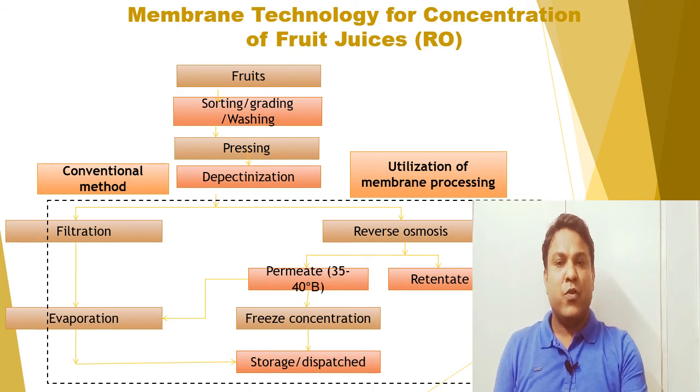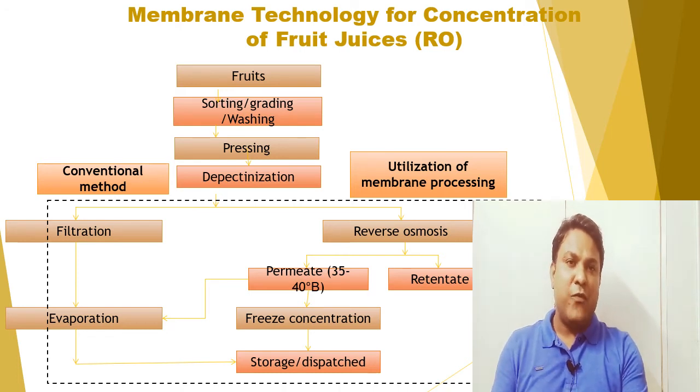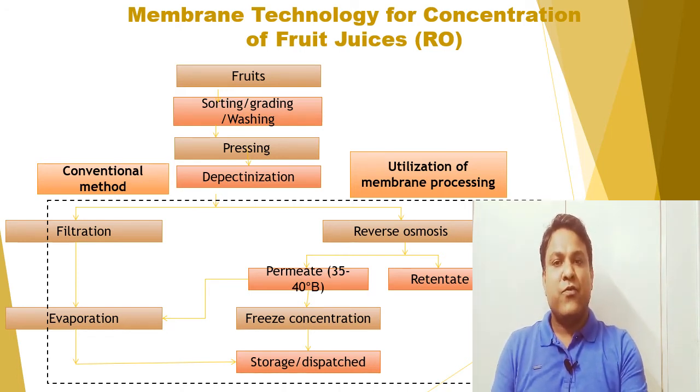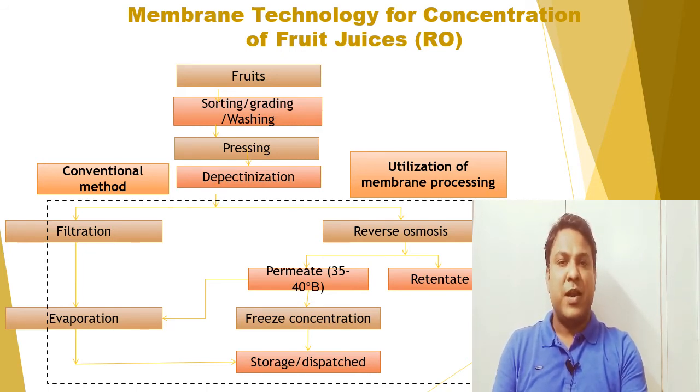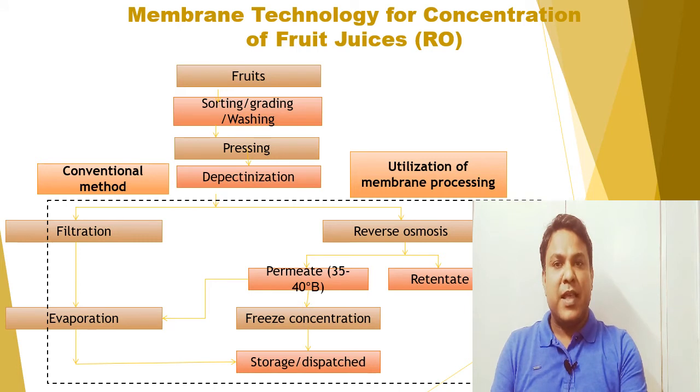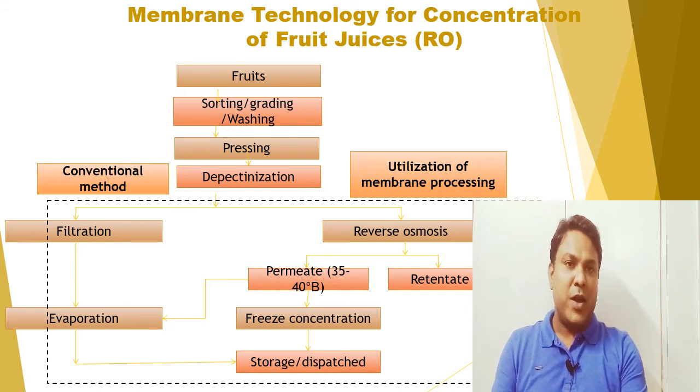This permeate goes for freeze concentration, and if we want to reduce the cost of operation, we go directly from the permeate to evaporation and then storage. But in order to retain the value of aroma, we may use freeze concentration methods and then go for storage and packaging, followed by dispatch. By using this membrane processing, it has generally been observed that around 40 to 45% aroma retention as well as much less damage can be achieved.